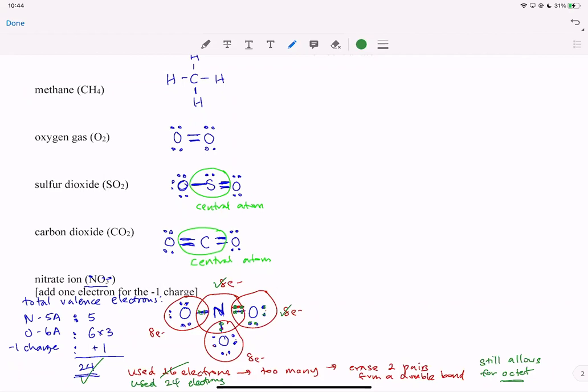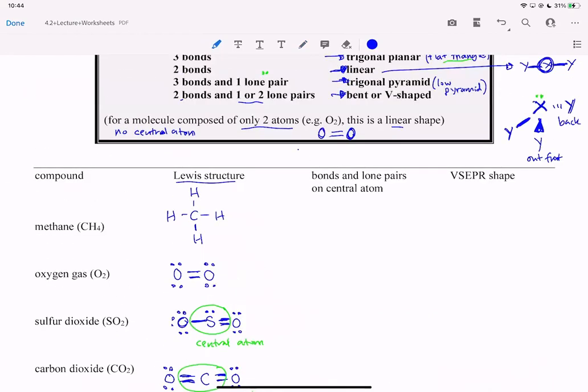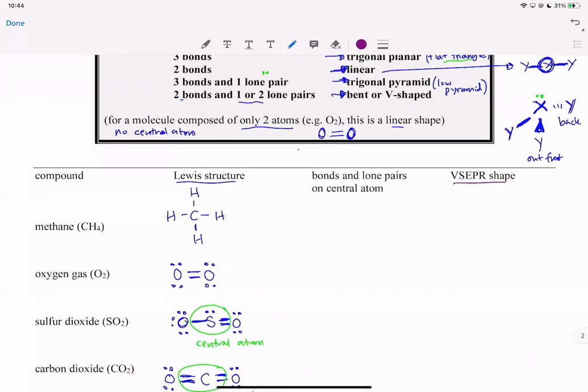Okay, so let's go back. Now, every molecule has a Lewis structure, and you want to then look at the lone pairs and bonds on the central atom. So that's this process to determine the VSEPR shape. You look at the central atom and figure out how many bonds and how many lone pairs.